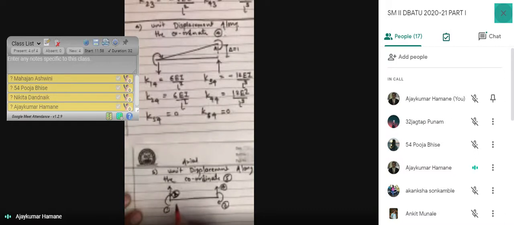Now we have applied delta equals to 1 along 5.